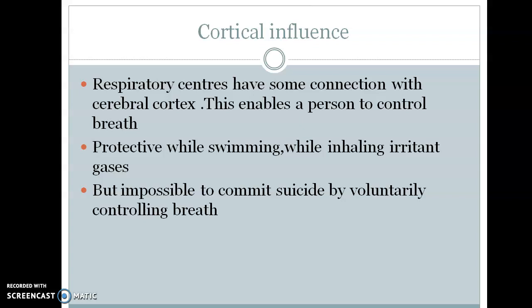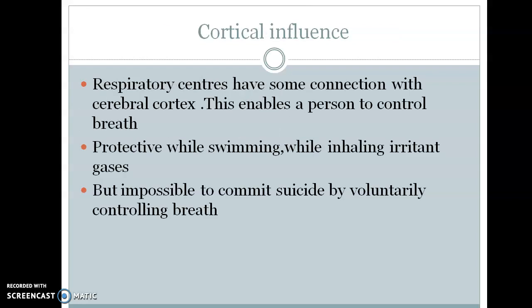As the amount of carbon dioxide in our blood increases, it will stimulate the inspiratory center, and the breathing will resume normally whether or not the person wishes. So hence the person will not be able to commit suicide by voluntarily holding their breath.